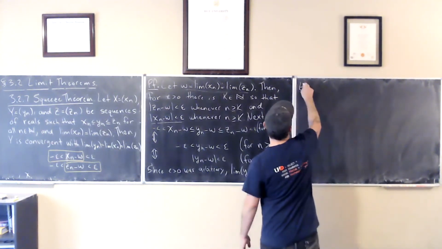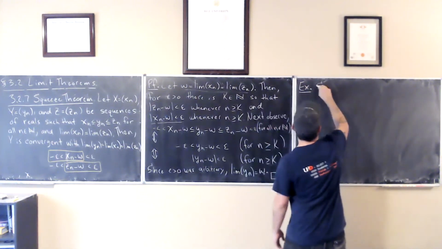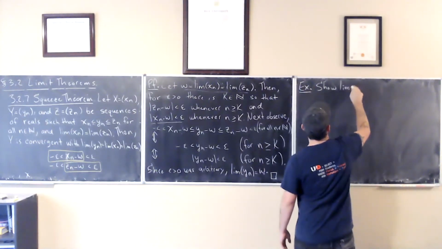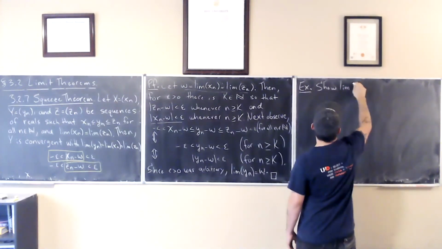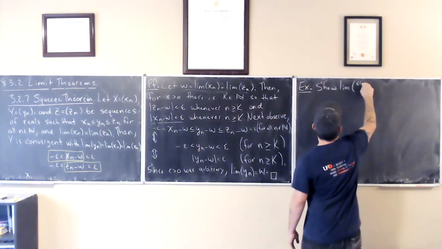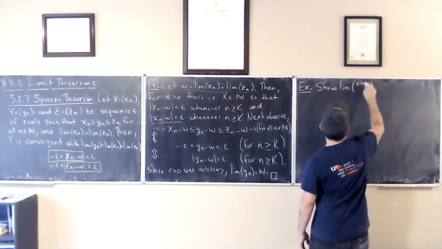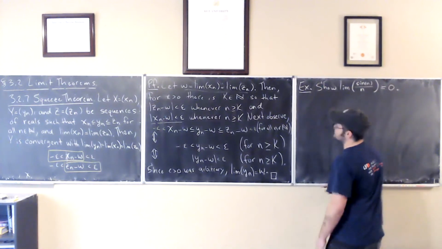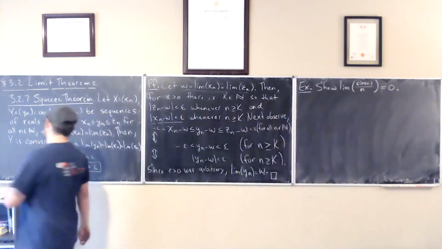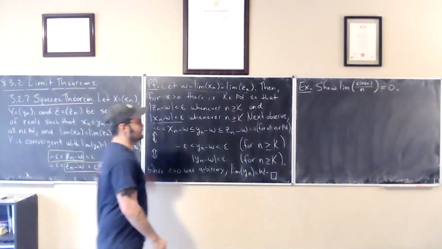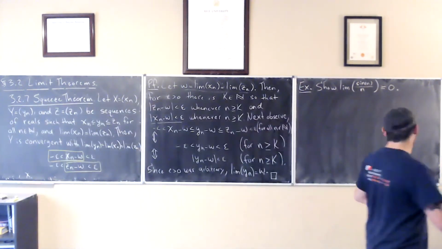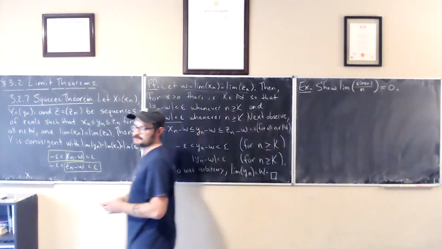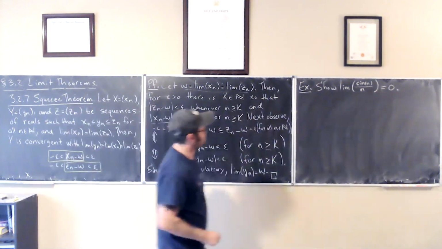So for example, show the limit of sine n over n equals 0. So we can establish that using this theorem, and it makes life a lot easier than trying to find the correct index for which we're always within some given epsilon of 0.